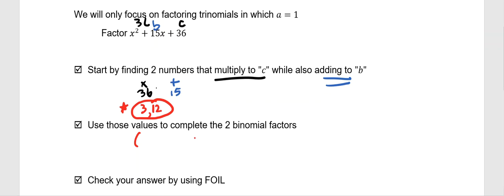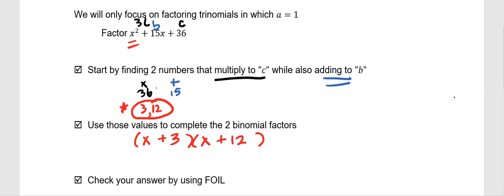And from here, all I'm going to do is use those numbers to build two binomials. I'm going to say x and x, because if I thought about FOILing, x times x gives me that x squared there. And then I'm just going to make one of these values complete one of my binomials. So one of my binomials will say x plus 3. And the other binomial, since I've already used 3 in the first one, I'll make use of the 12.